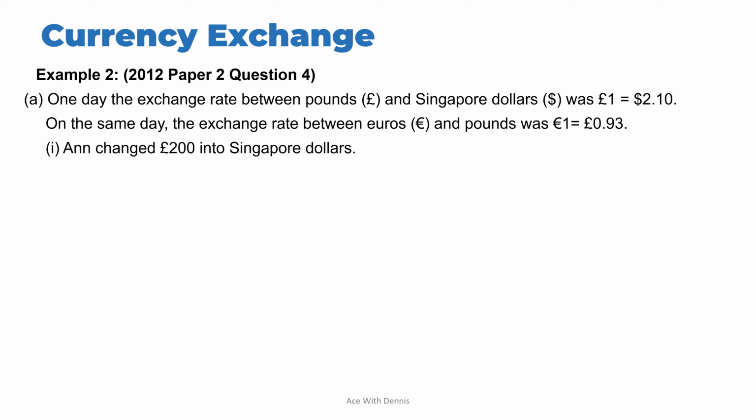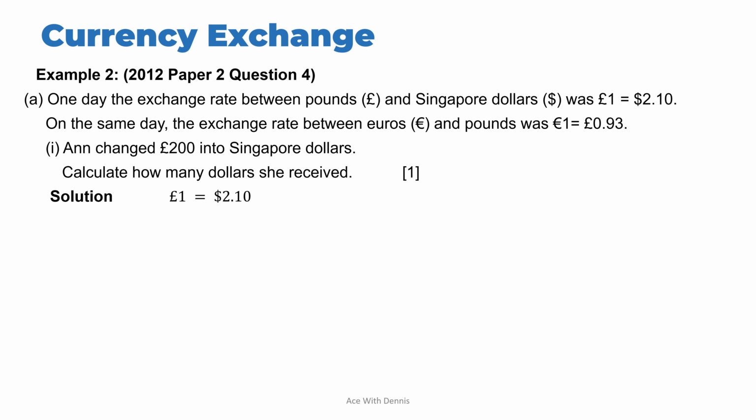Ann changed 200 pounds into Singapore dollars. Calculate how many dollars she received. 1 mark. Here's the solution. Given the rate is £1 is to $2.10, for 200 pounds it's $2.10 times 200, which is $420.